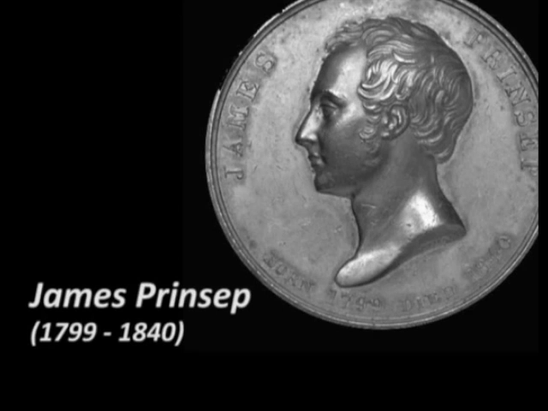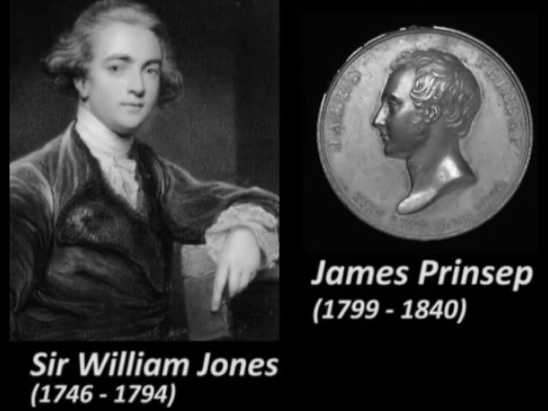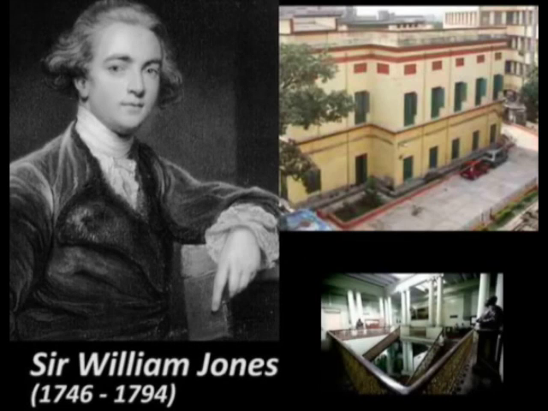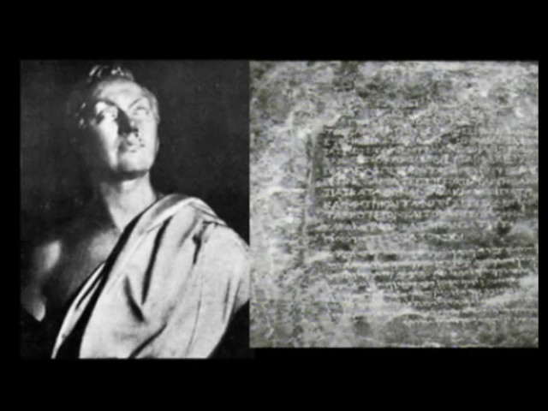James Prinsep was assistant assay master of the Calcutta Mint and a close associate of Sir William Jones. Jones was responsible for the setting up of the Asiatic Society. Prinsep made the breakthrough in deciphering an Ashokan edict in 1837.